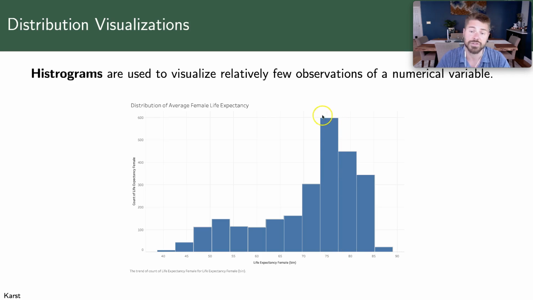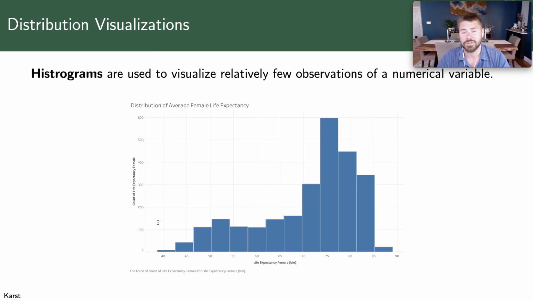So 600 countries or years, let's say, fell into this particular range. And then you can get the idea that there's a particular shape to this distribution, where more countries are up here, fewer countries are down here, and then we have kind of a bimodal distribution. Maybe there's a little group of clusters down here, a bigger group of countries up there, and so on.